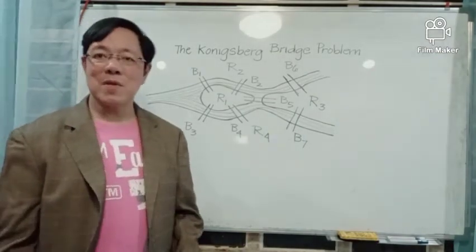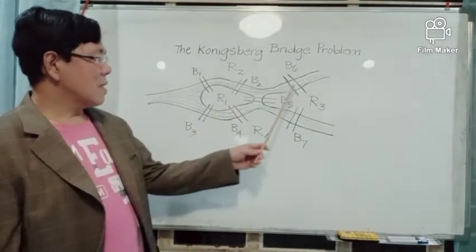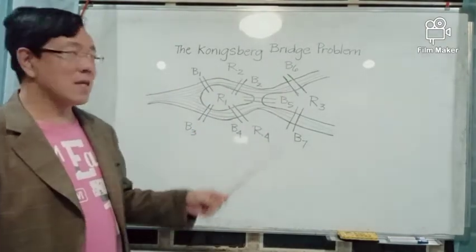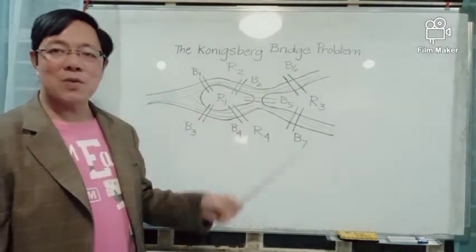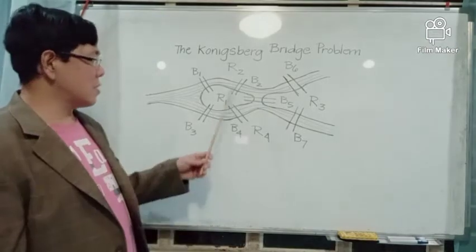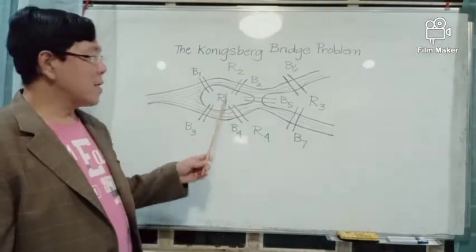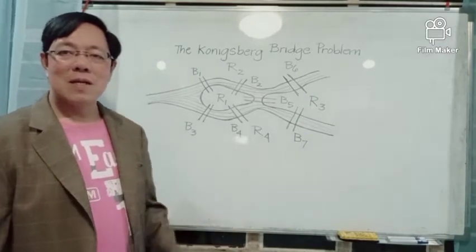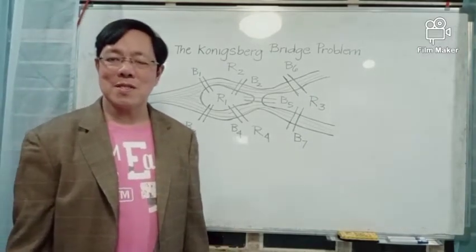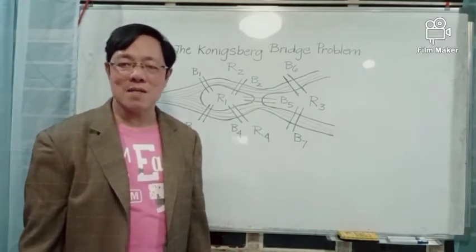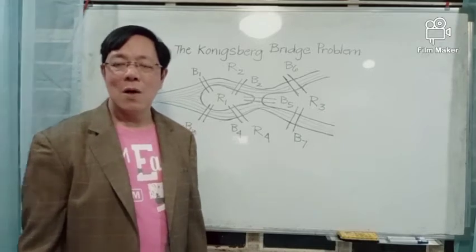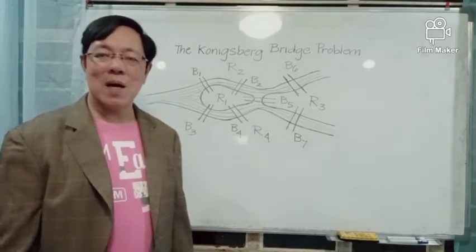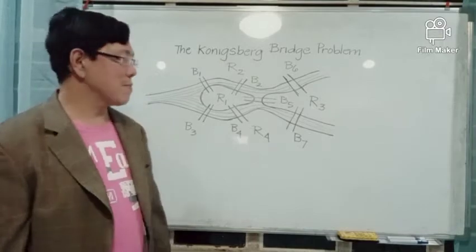Again, there was a river in Konigsberg. And the river divided the city of Konigsberg into four land areas or regions: R1, R2, R3, and R4. But these four regions, or four land masses, are linked together, or they are connected by 7 bridges.